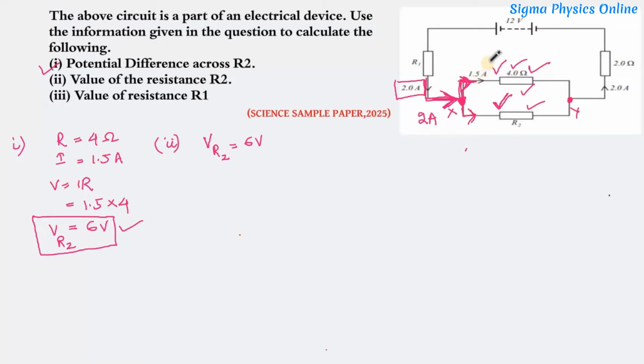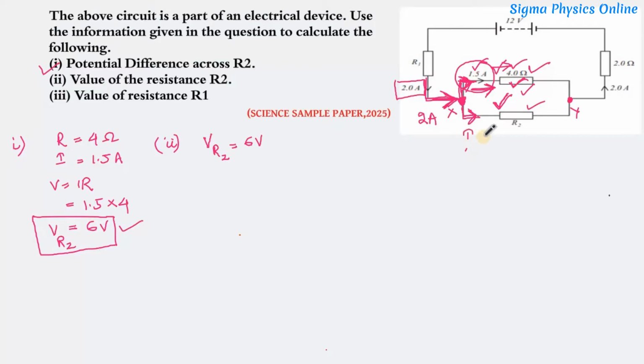From this 2 ampere current, 1.5 ampere current is going through the 4 ohm resistor, as it is mentioned over here that a current of 1.5 ampere is flowing through the 4 ohm resistor. So if 1.5 ampere of the 2 ampere current is going to the 4 ohm resistor, the remaining current will pass through the resistor R2.